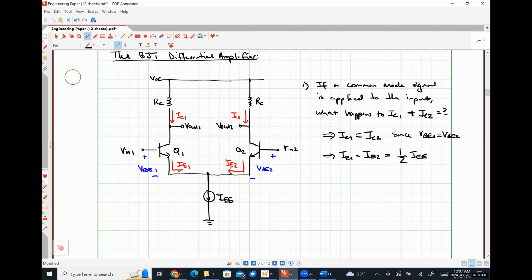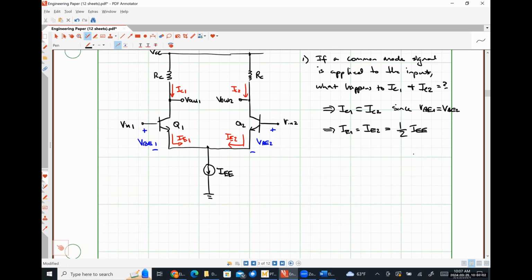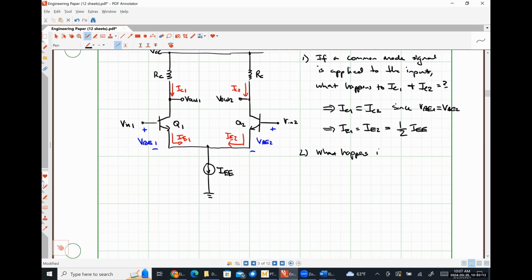So now let's say we have a second question here. What happens if VN1 is greater than VN2? Or another way to put this would be our input differential voltage is positive.